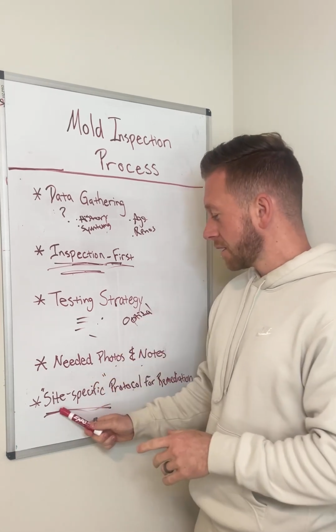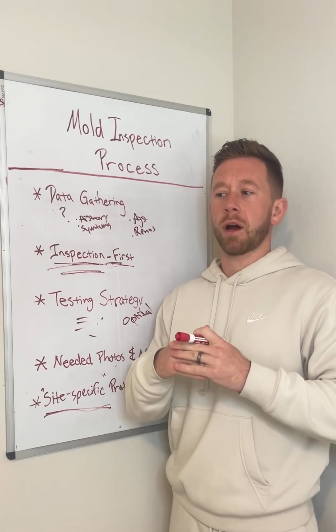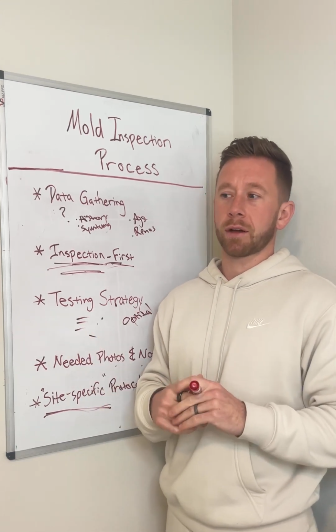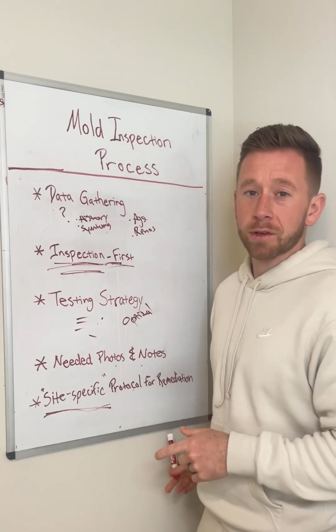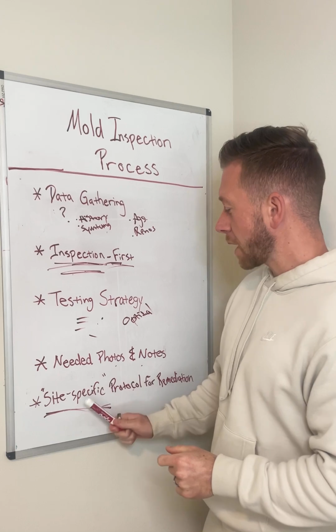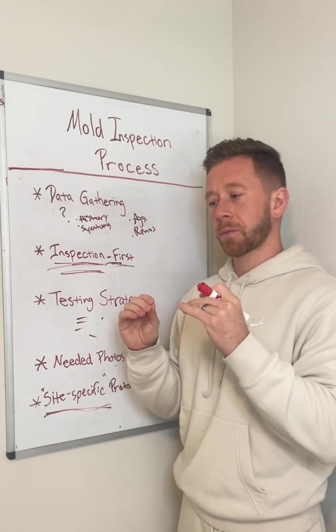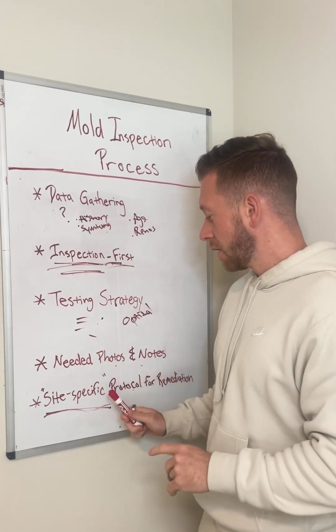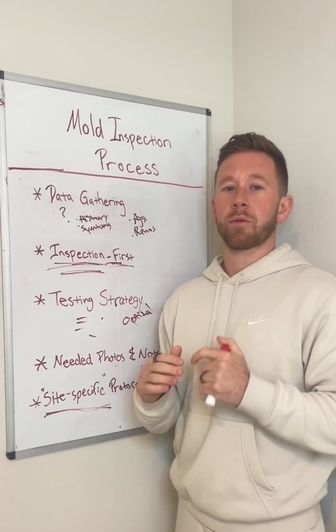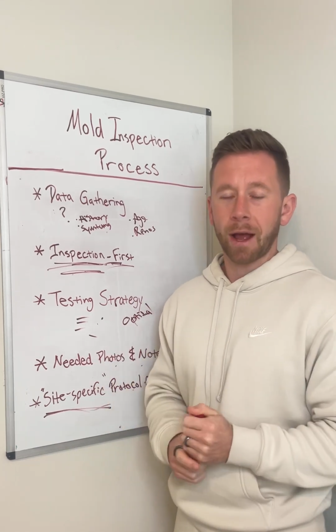If there's less specificity in the protocol, there's more room for error, there's more kind of guesswork that the remediators are going to have to do, and you might be spending so much more money on that guesswork. So the inspector becomes your advocate when he or she is very specific about the protocol that is needed, and really takes a lot of liability off of a lot of different aspects of this process.